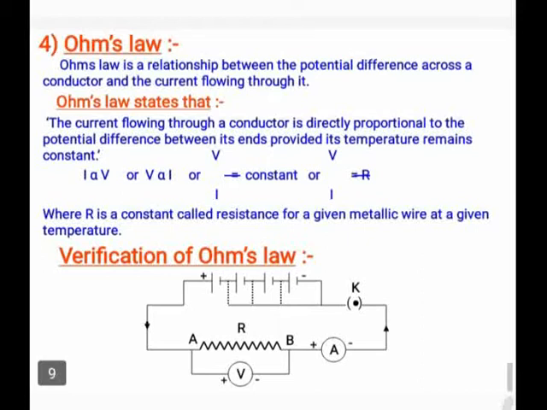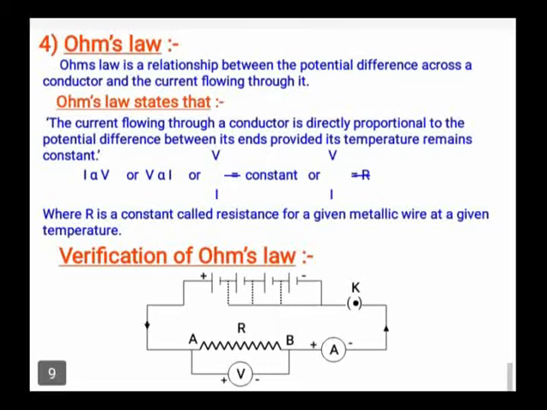Mathematically, suppose I is the current flowing through the conductor and V is the potential difference. Then I is directly proportional to V, or V = IR, or V/I = R, where R is a constant called resistance for a given metallic wire at a given temperature.